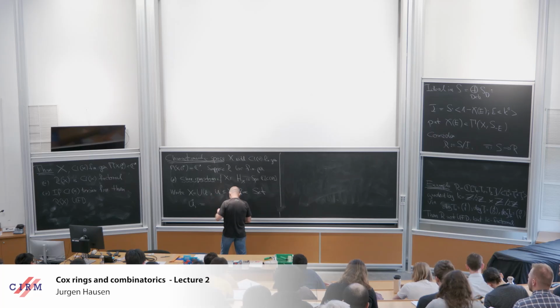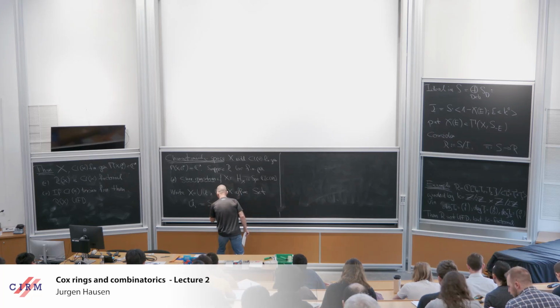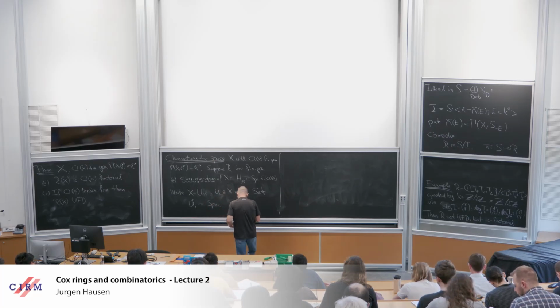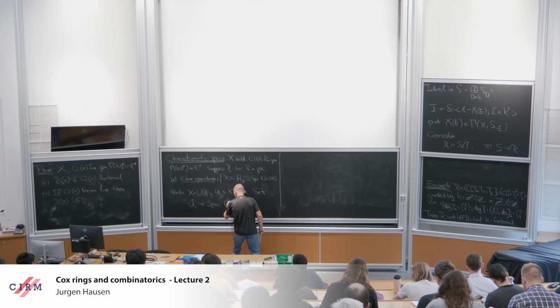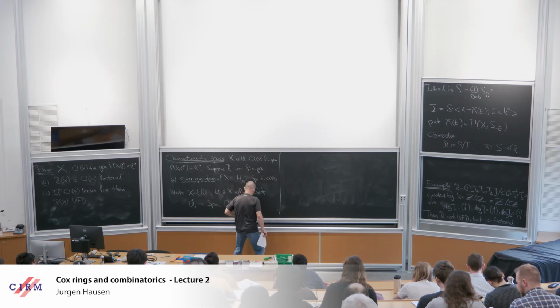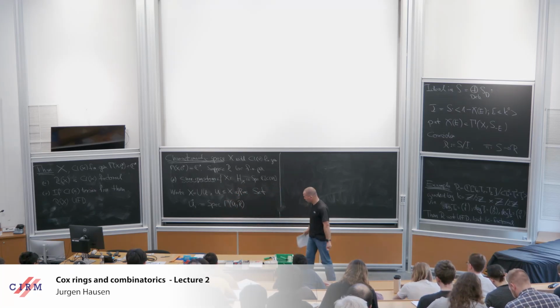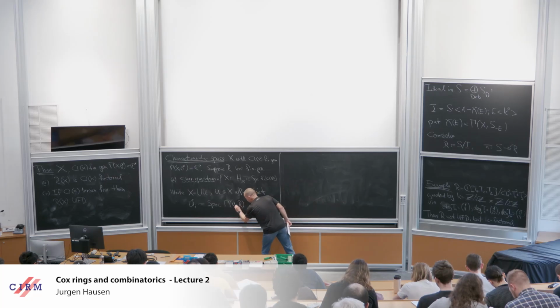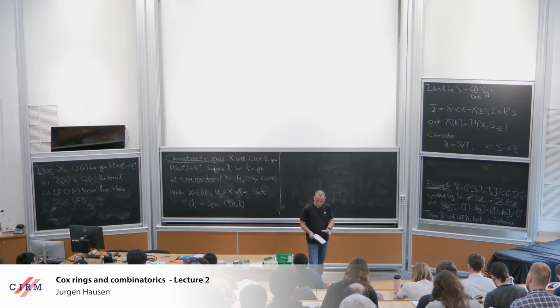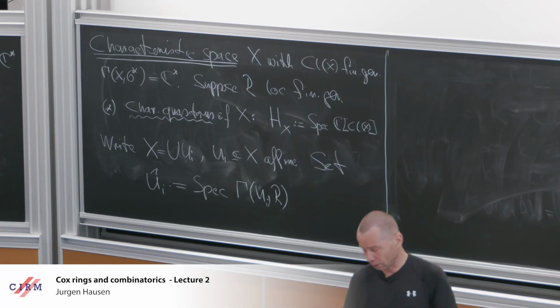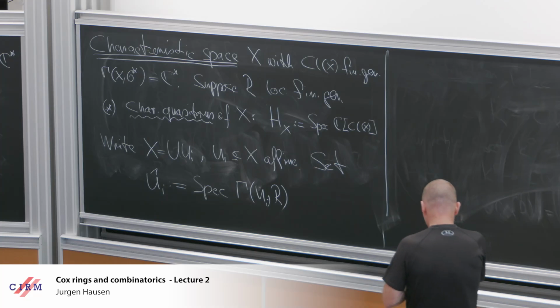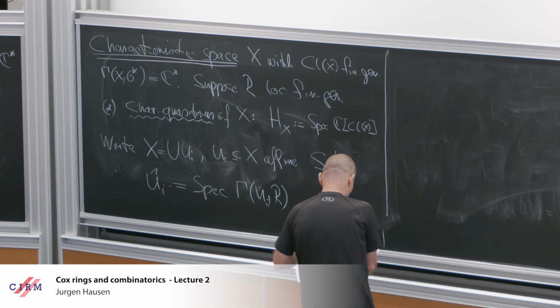Locally finite generation of the Cox ring tells me that, as a consequence, for any finite open subset the algebra of sections of the Cox sheaf over U_i is finitely generated, so we can take the spec and obtain an affine variety.